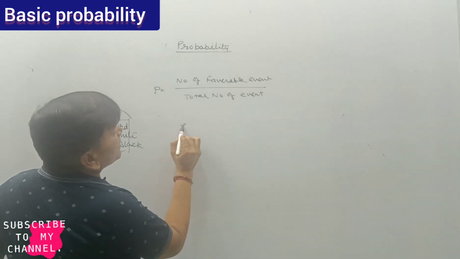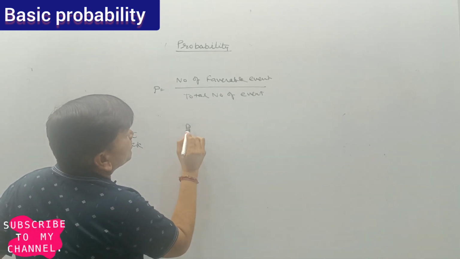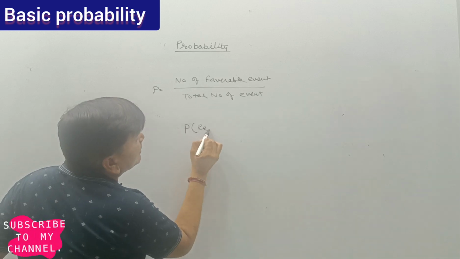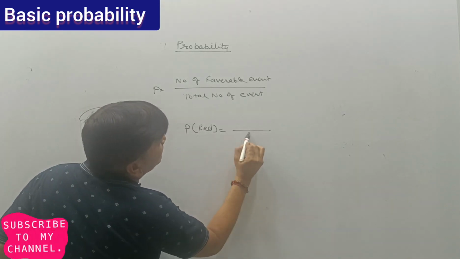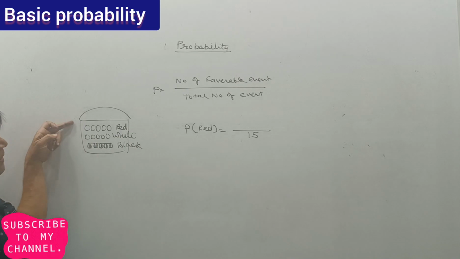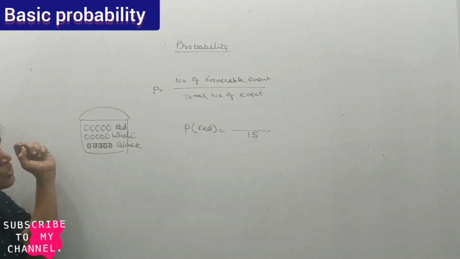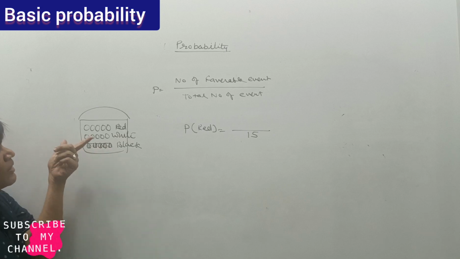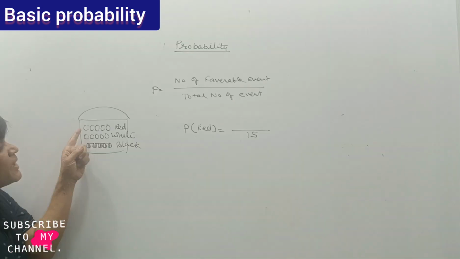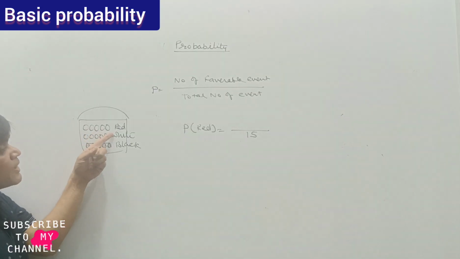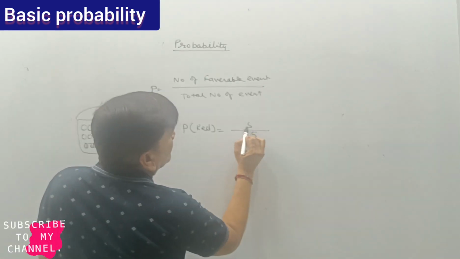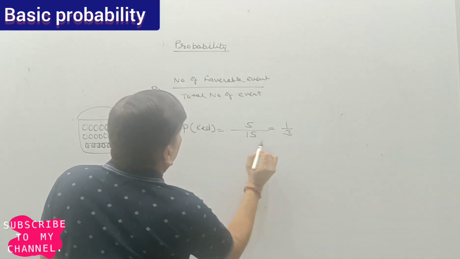The probability of getting red: the total number of events is 15, because 5 red, 5 white and 5 black balls are there. Favorable for red is 1, 2, 3, 4 and 5. So that will be 1/3.